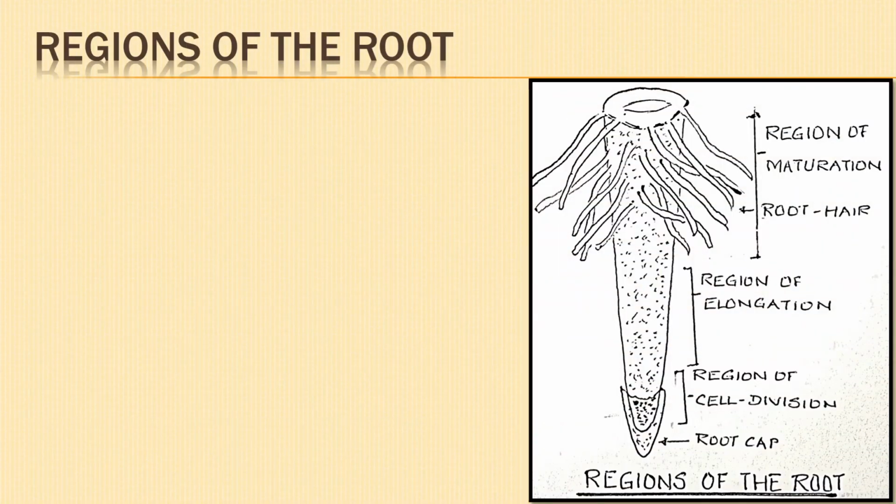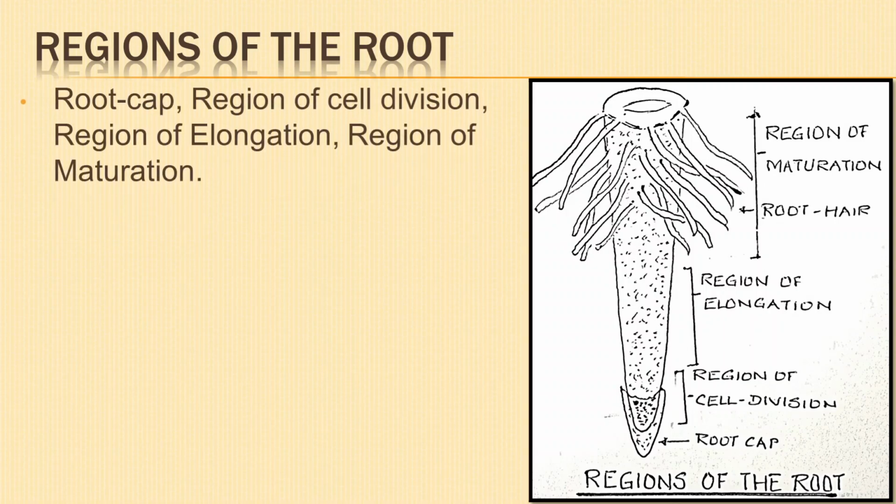Next are the regions of the root. The different regions of a root from the apex upwards are root cap, region of cell division, region of elongation, and region or zone of maturation.